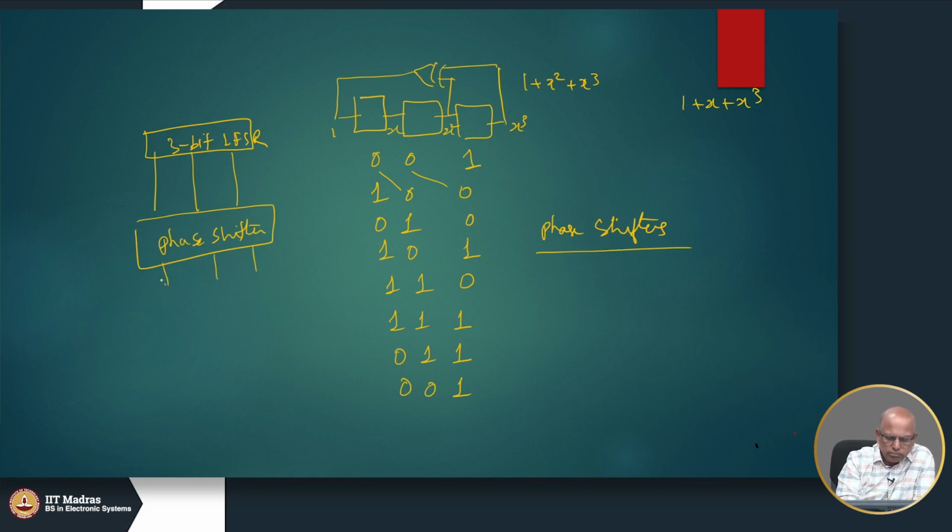So, this output could be the XOR of, let us say, these 2 bits, and similarly this one could be the XOR of these 2 bits, and this one could be the XOR of these 2 bits. So, we could try adding such a phase shifter, and the output of the phase shifter will have less correlation between the adjacent outputs of the LFSR. So, this is what a phase shifter is.